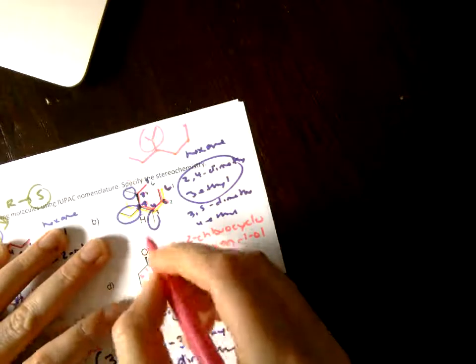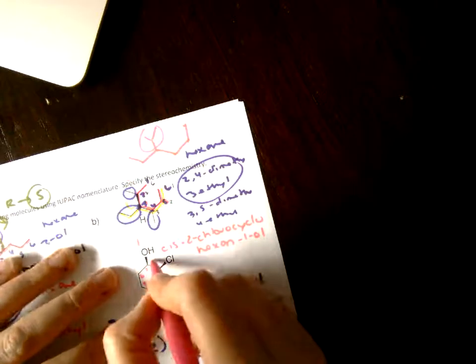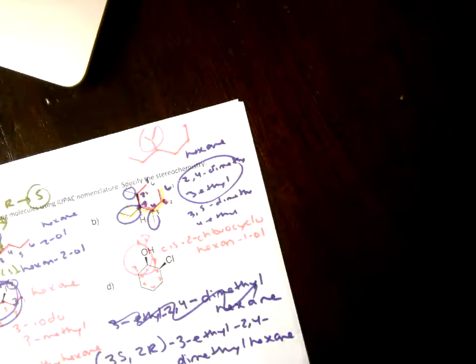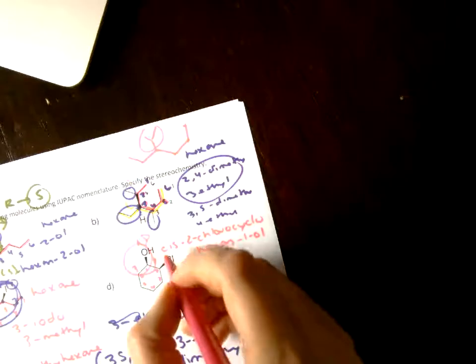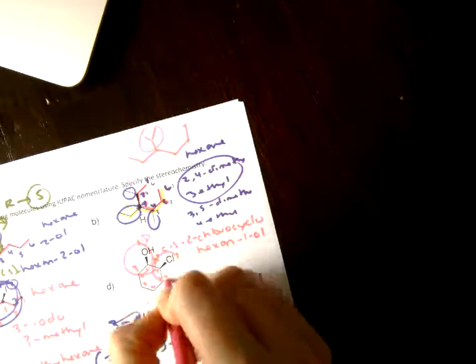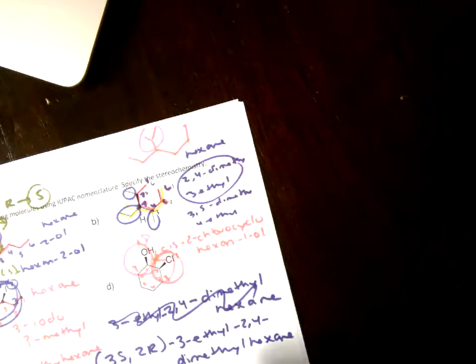So if we were to do that on this one, there's a hydrogen pointing backwards, so we don't even have to worry about that. And then 1, 2, 3. So 1 is R because it's going to the right. And then on this one, this is 1, 2, 3. The hydrogen is pointing back, so this is 2S.